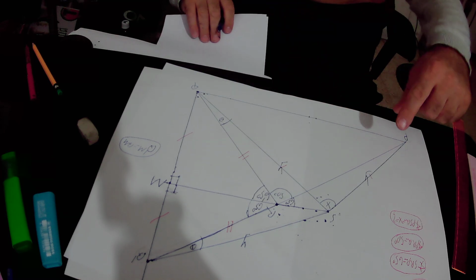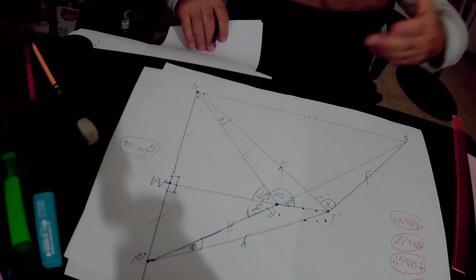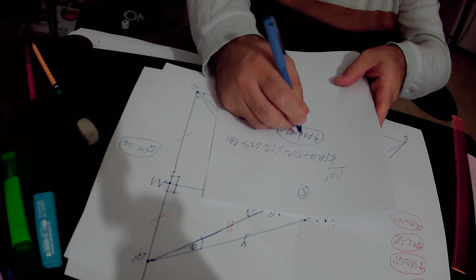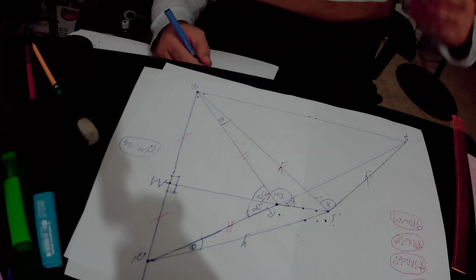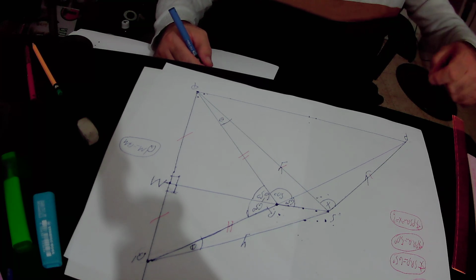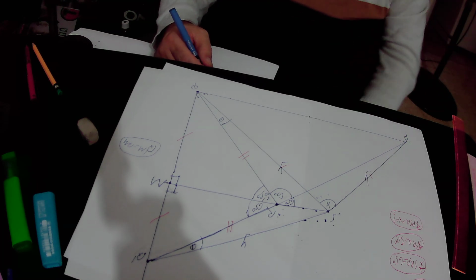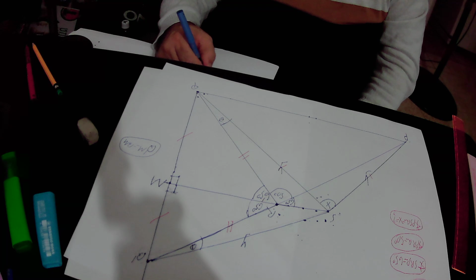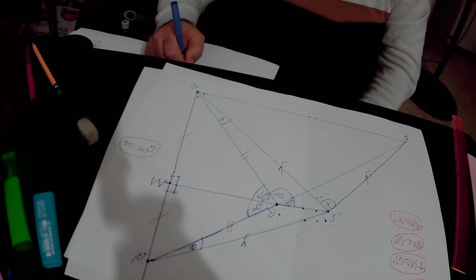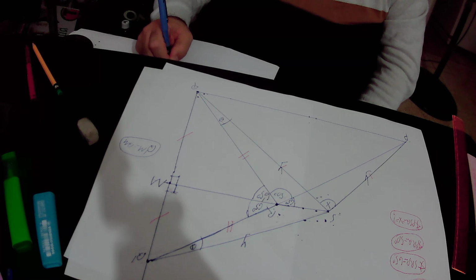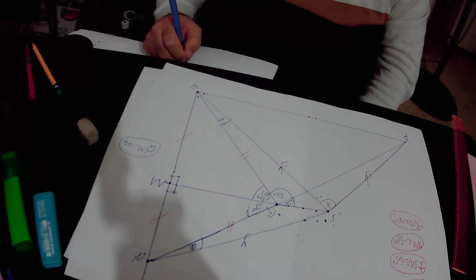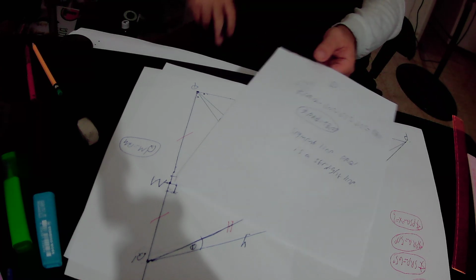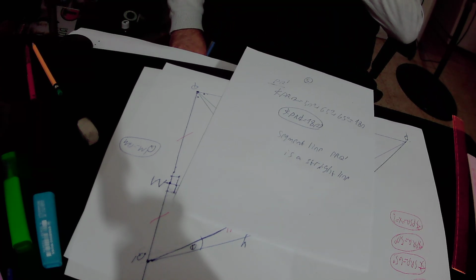Therefore, from the fact that angle PRQ dash equals 180 degrees, we can conclude that the segment line PRQ dash is a straight line.